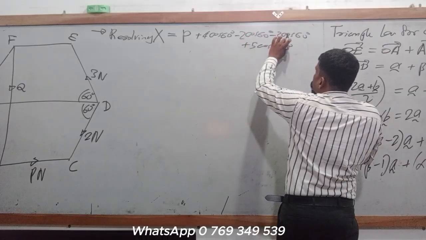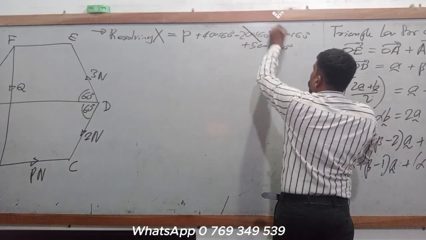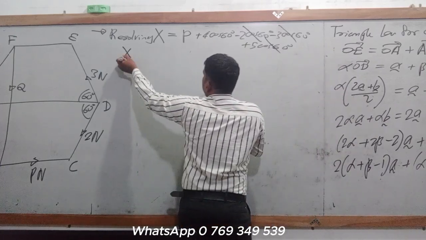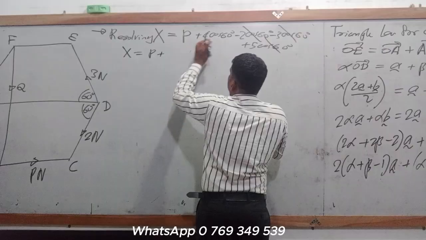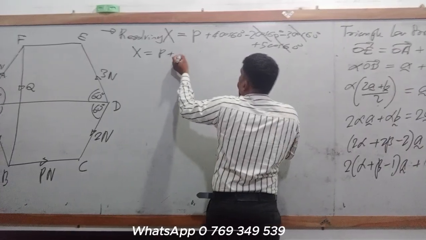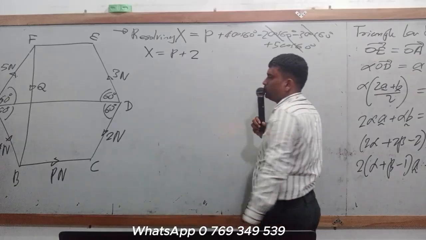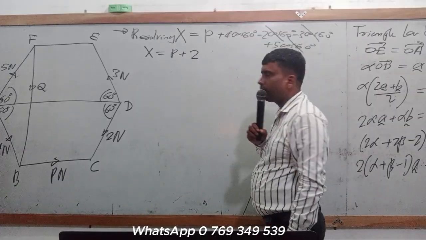You can cut these things. Here, capital X equals P plus, cos 60 is half, 4 and a half is 2, so X is P plus 2.